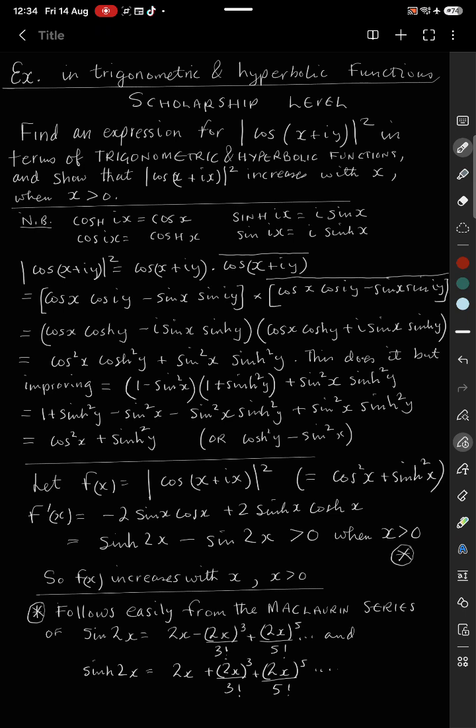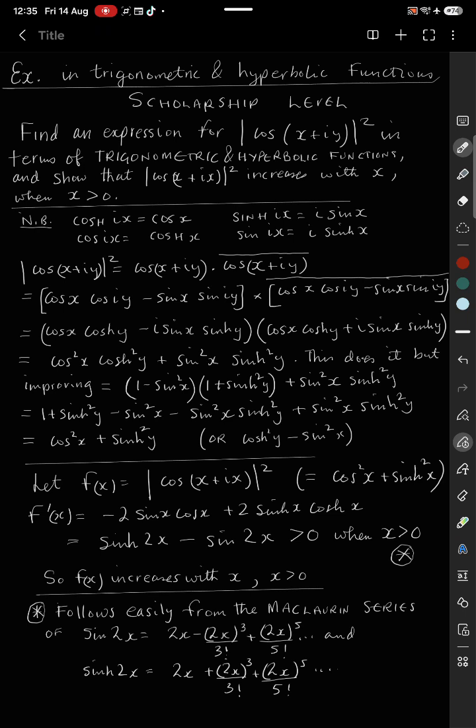Expanding each term, we get (cos x cos iy minus sin x sin iy), all of that multiplied by the conjugate. Then that's equal to (cos x cosh y minus i sin x sinh y) times (cos x cosh y plus i sin x sinh y).